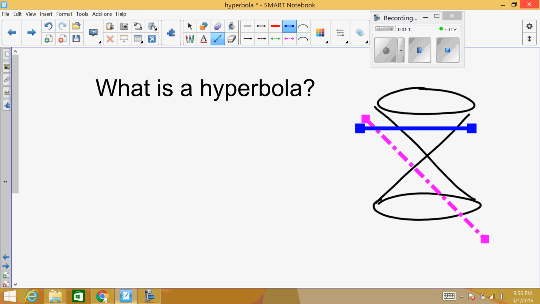If it intersects perpendicular to the axis of the cones, we get a circle. If it intersects something like this, where it comes in one side of the cone and out the other side, we have an ellipse. We get that elongated circle.